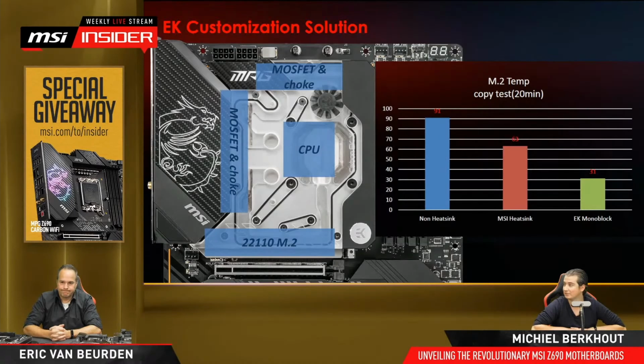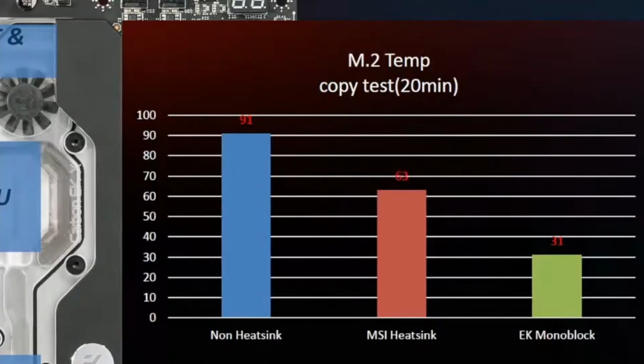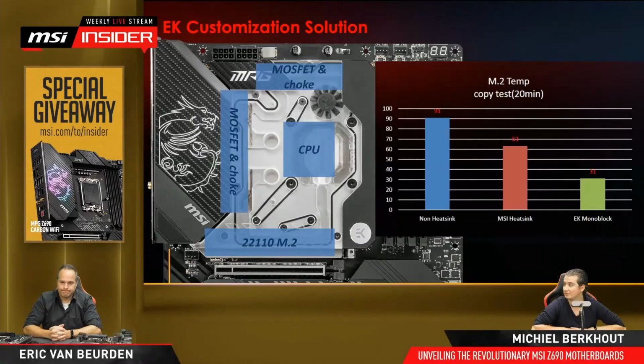This is supported by MSI's internal test data, showing a significant improvement from 91 degrees Celsius to 31 degrees Celsius for the M.2 drive temperature. While I will include an M.2 drive test in my stress test scenario, I won't do any specific testing of the M.2 cooling performance. I'll leave that up to the professional M.2 reviewers to figure out.